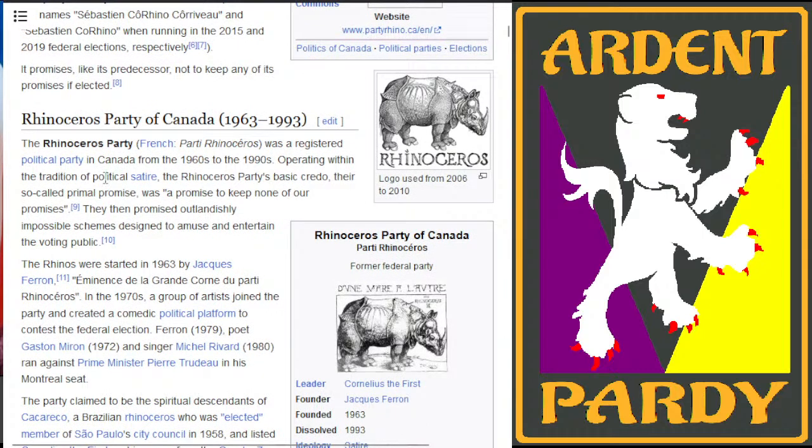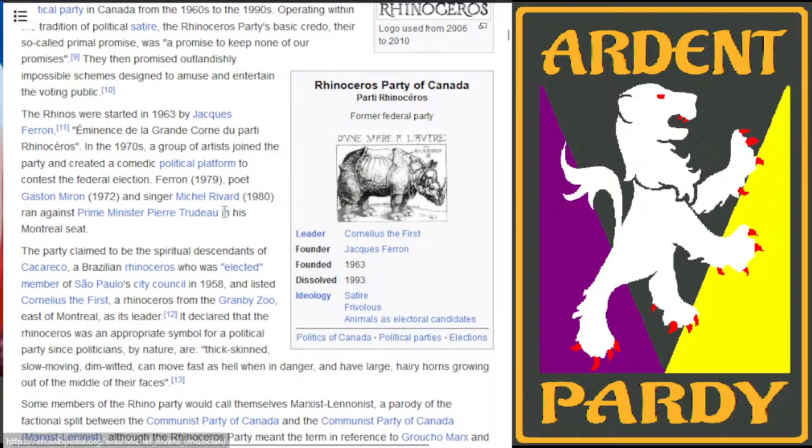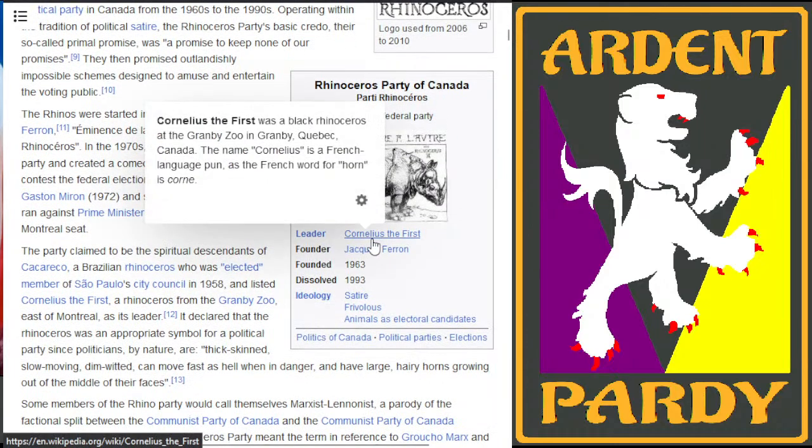Operating within the traditional political satire, the Rhinoceros Party's basic credo, their so-called primal promise, was a promise to keep none of our promises. So at least we finally have honest politicians. Their leader was Cornelius I, who was a black rhinoceros at the Granby Zoo in Quebec.